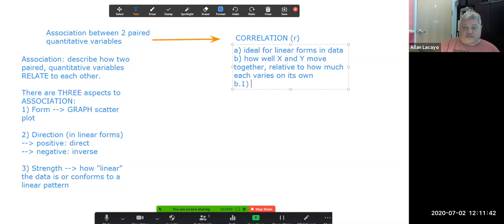And so a correlation statistic will have a sign. It'll have a positive value when there's a direct association. And it'll have a negative sign when the variables are inversely related.